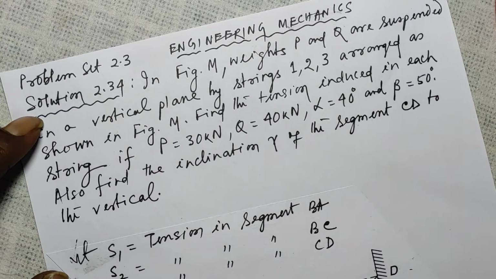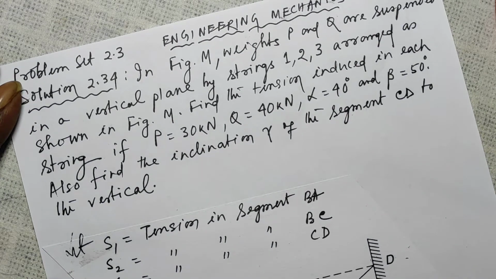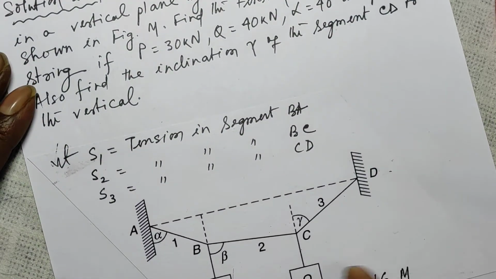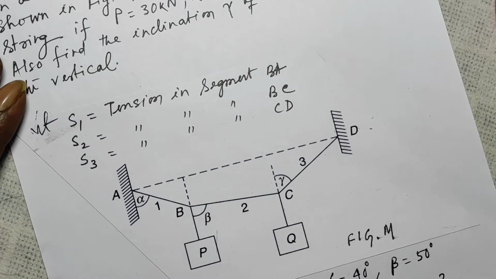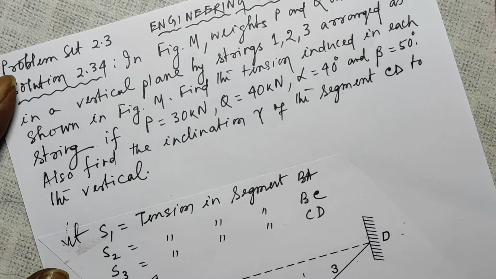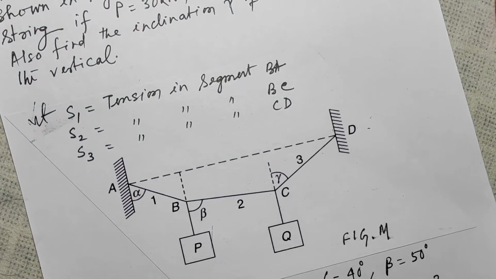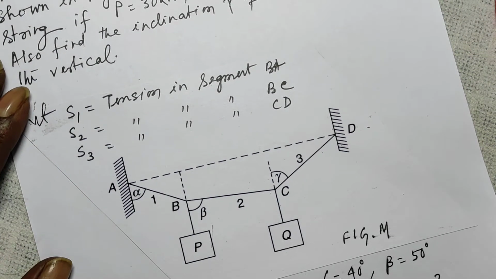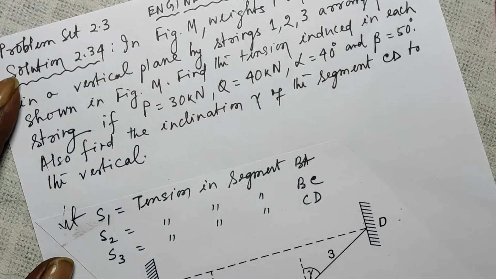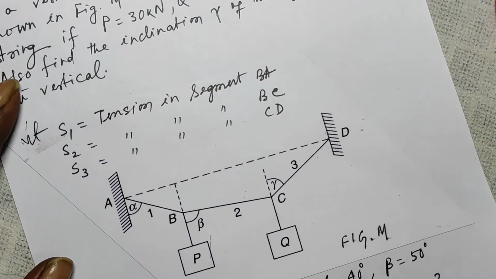Problem set 2.3, solution 2.34, and the statement of the problem runs like this. In figure M, as you can see here, weights P and Q are suspended in a vertical plane, from top to down, by strings 1, 2 and 3.